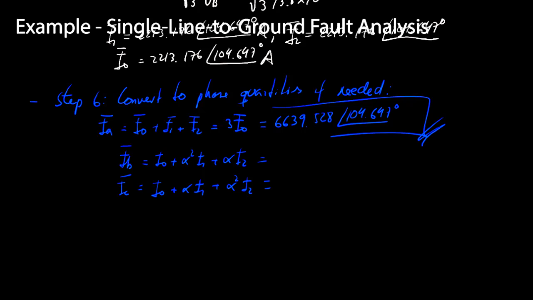And if you plug in the numbers, you'll see that these two come out to 0. And of course that makes sense because we have an A phase to ground single line of ground fault. So the unfaulted phases don't have any current. This is of course ignoring load prior to the fault. But again, we have a large fault current for the faulted phase, and the other two have 0 amps as the magnitude.